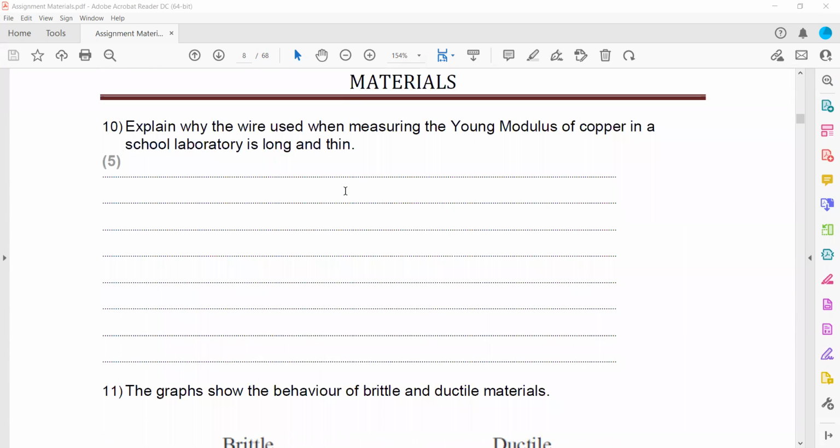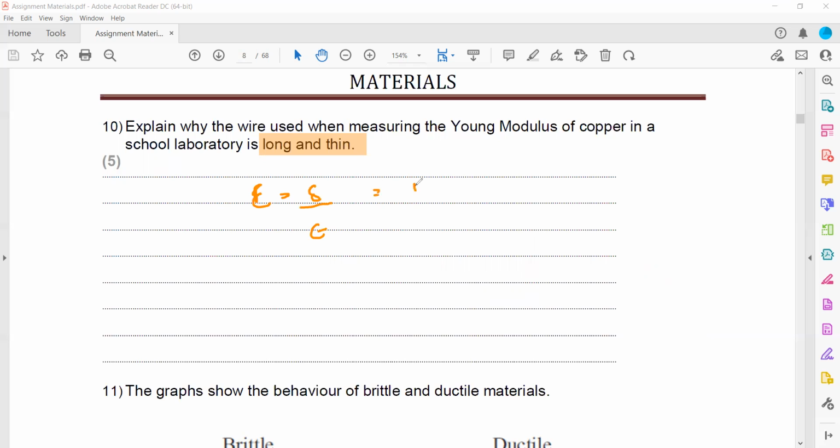In question 10, explain why the wire used when measuring the Young's modulus of copper in a school lab is long and thin, and it's 5 marks. The wire must be long and thin when we are determining the Young's modulus. So what is the Young's modulus? The Young's modulus is stress divided by strain.